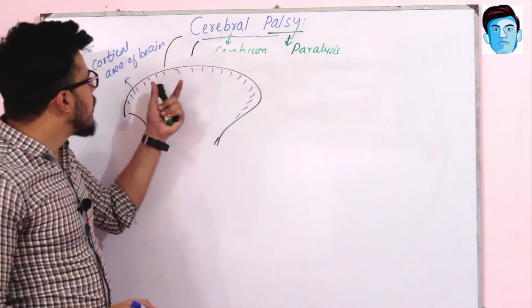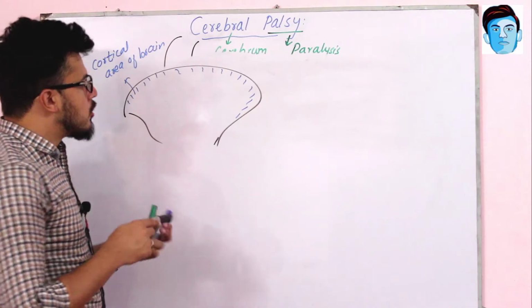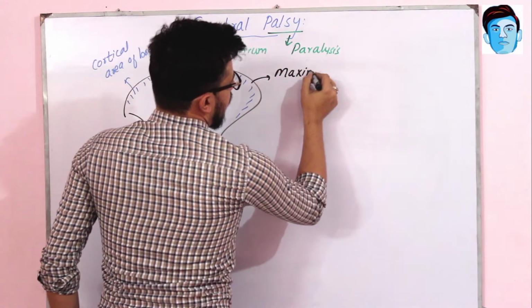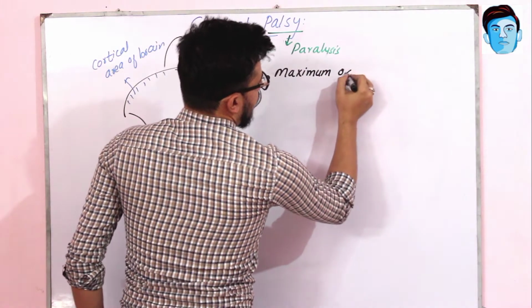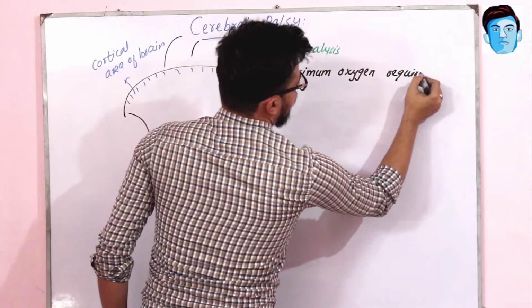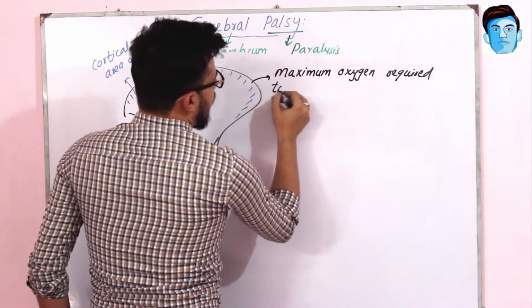So maximum oxygen is required in the cortical area.